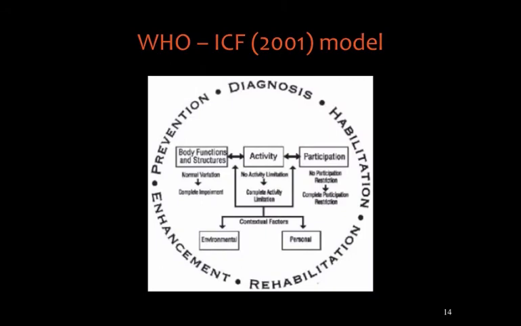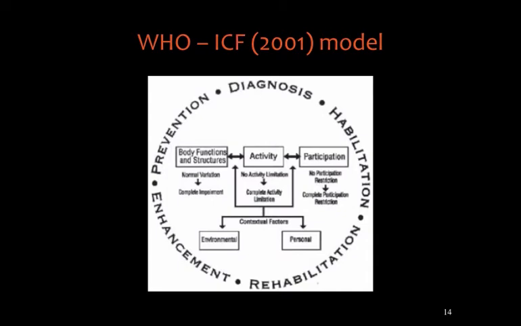In the World Health Organization, one of their products, one of their models, I suppose, is the ICF. The ICF stands for International Classification of Functioning, and the ICF is a sort of system of categorizing health conditions. They have other classification systems too.